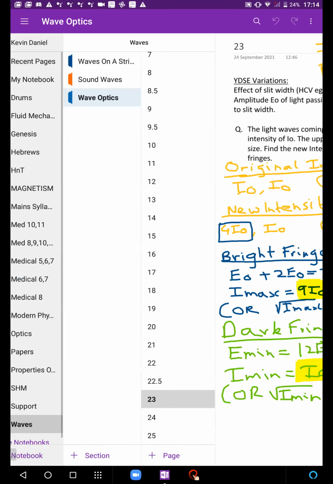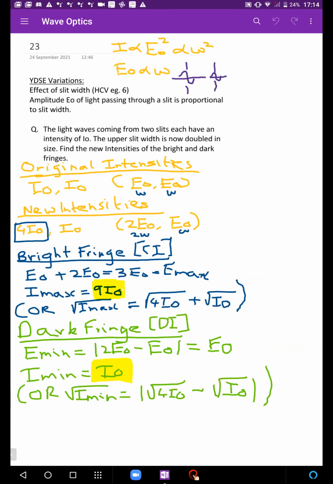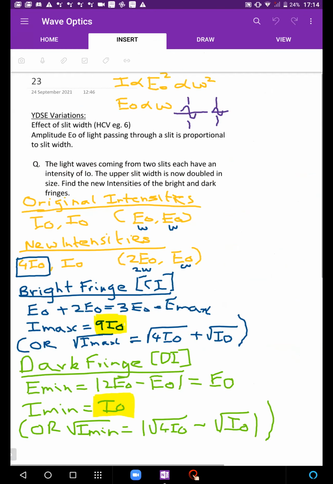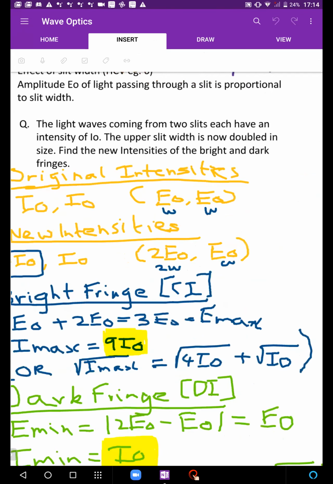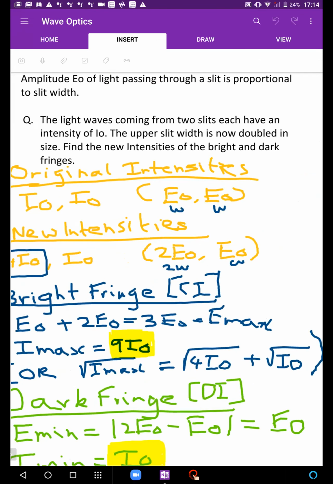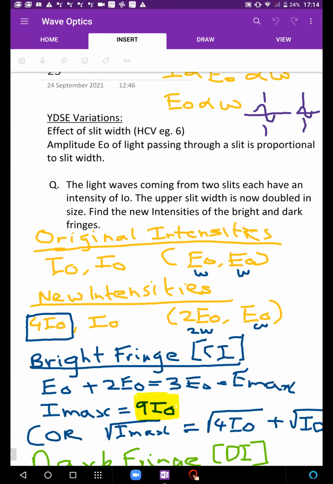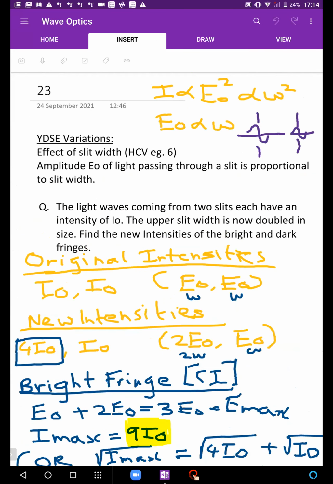फिर एक और variation होता है effect of split width. Okay, and you can refer to HCV example 6, which mentions that the amplitude, it just mentions it, doesn't tell how, but we'll use that. So the amplitude of the electric field of light passing through a slit is proportional to slit width.